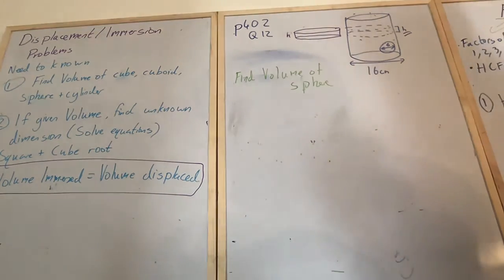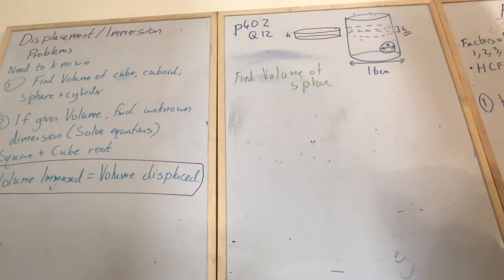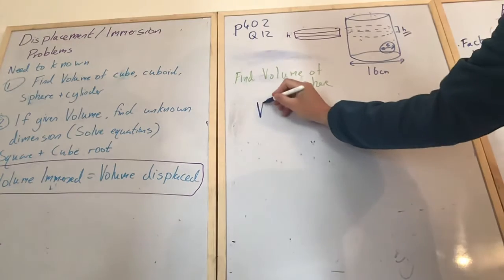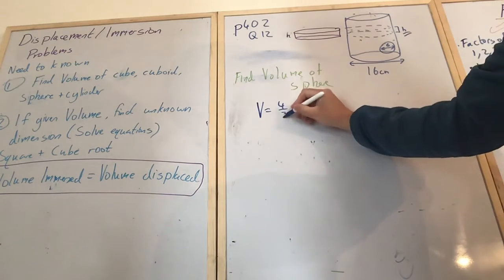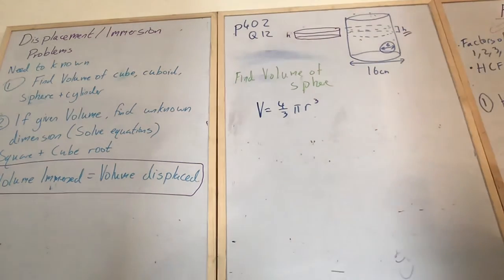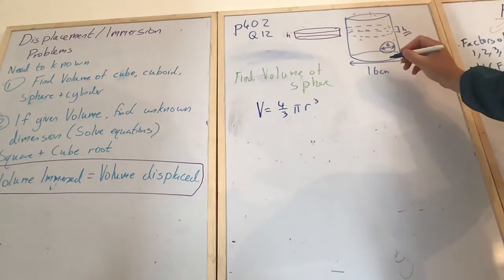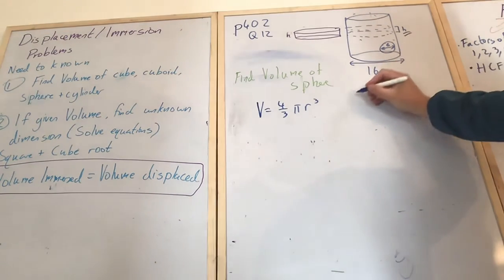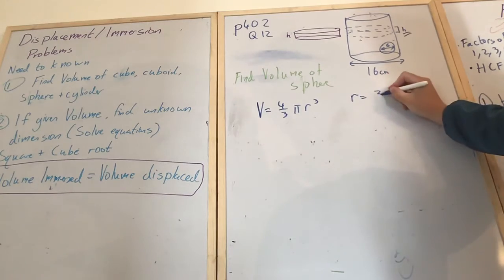The volume of the sphere is V equals 4/3 pi r cubed. We look at what we need to find. We're given the diameter 6, so the radius is going to equal 3.